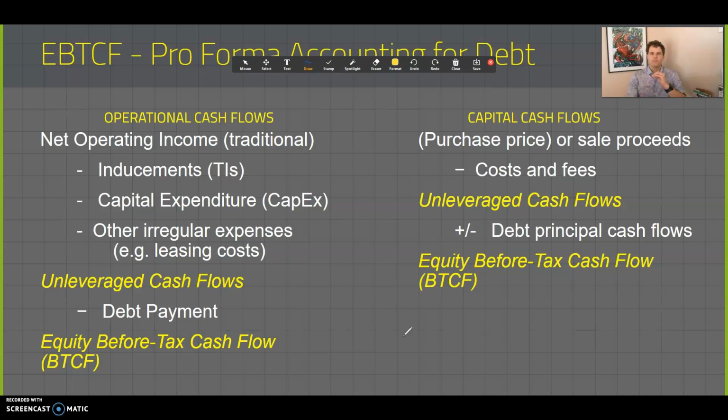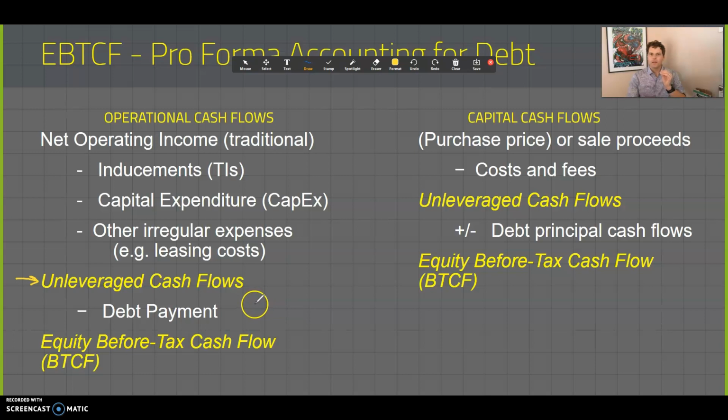The result of taking those costs out of NOI gives me what I call the unleveraged cash flow. This represents the cash that an investor should be receiving net of all of the costs in an operational period for which you've calculated it. Then the next cost that an equity investor has to pay is the debt service payment.